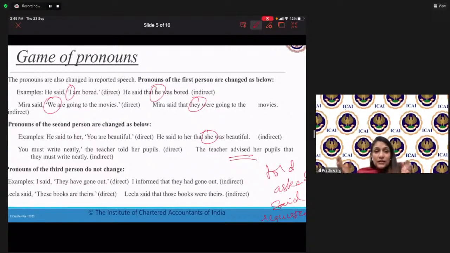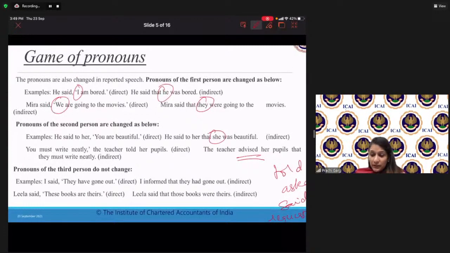So this is an advice, you must write neatly. So if you use the word advise, this will convey a perfect meaning. The teacher advised her pupils that they must write neatly. I will become they here. Okay. Must will not change. There are a few modal verbs that do not change. Must is one of them. Whenever there is a use of must, that will not change.